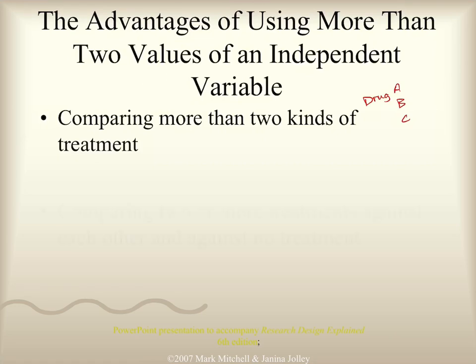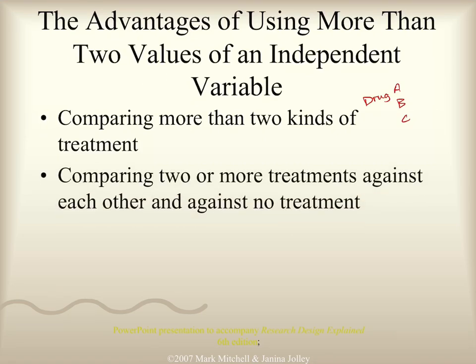We might want to do an experiment like this, where we take two or more treatments against each other as well as against the control. So here we might have drug A, drug B versus a control. In other words, here in this first experiment, we can tell which is best.